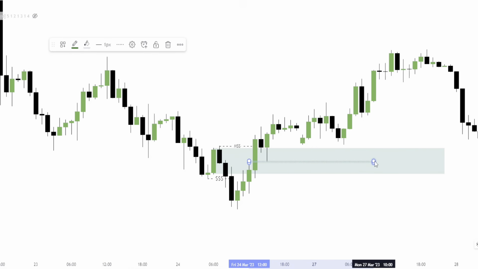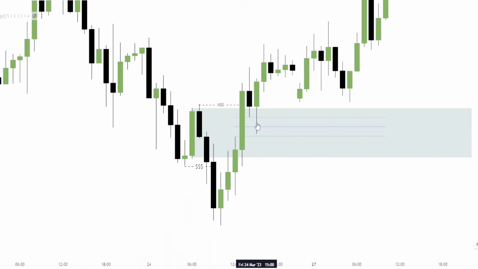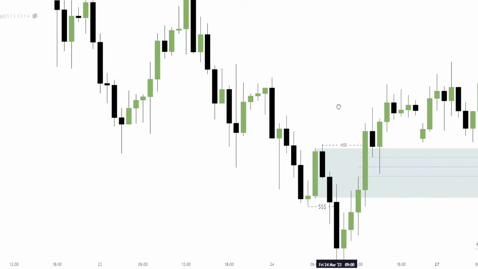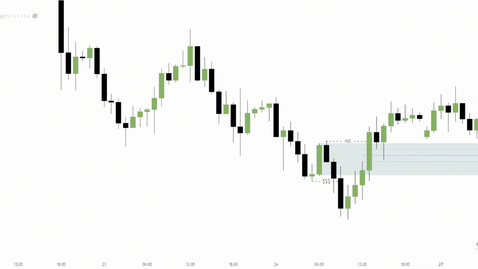And when a breaker block pushes price upward, what do you call it? You call it a bullish breaker block. As price pushed up, shifting market structure, coming into this fair value gap right here. Notice how price traded into this fair value gap before pushing up, and then there is a breaker block right there. So that is how the confluence works, you're going to see them time and again.